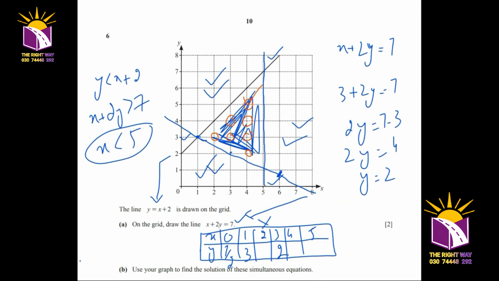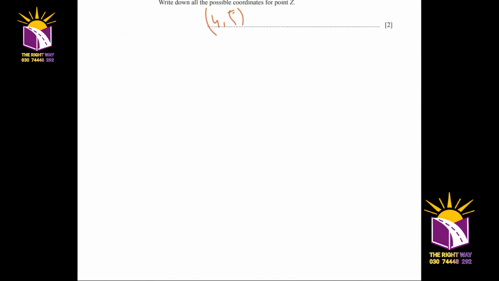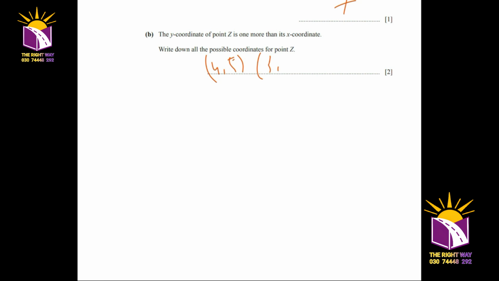Now let's check the second one. In this, 4 is equal to 4, we are not going to write it. 3 and 4 and 3, no. 4 and 2, no. Let's check this one. It is 3, 4. So I am going to write 3, 4, in which x is 3 and y is 4.